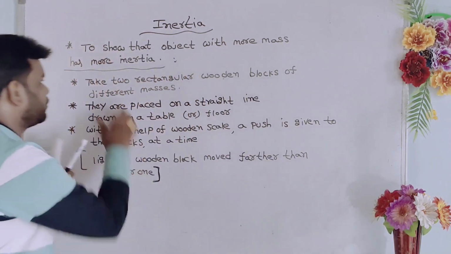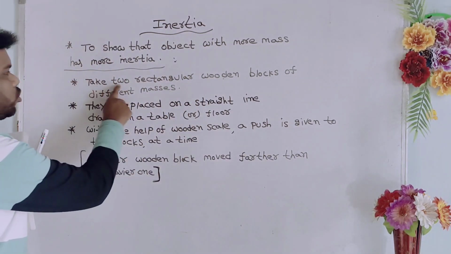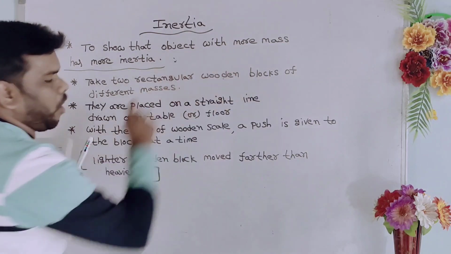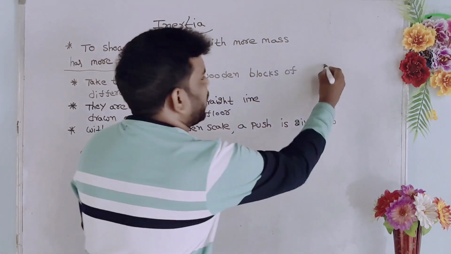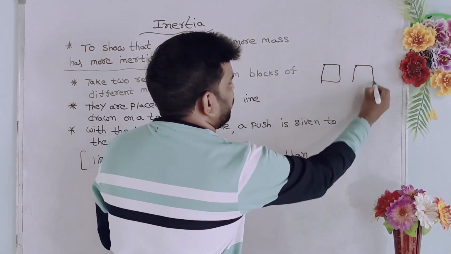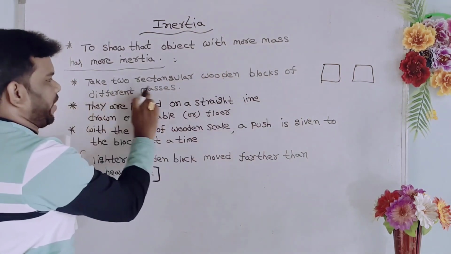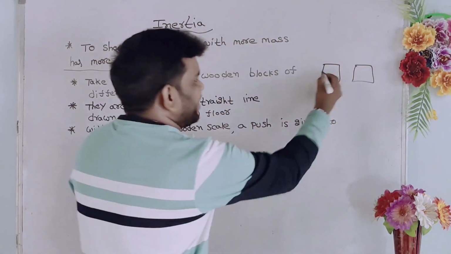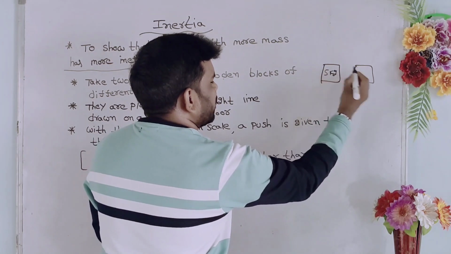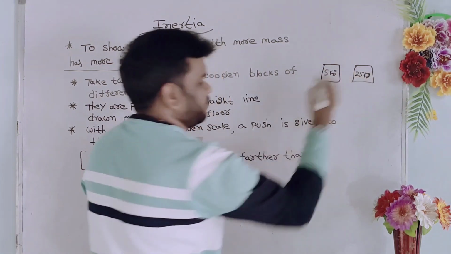Let us check it. Take two rectangular wooden blocks of different masses. For example, one is 5 kg and the other is 25 kg.